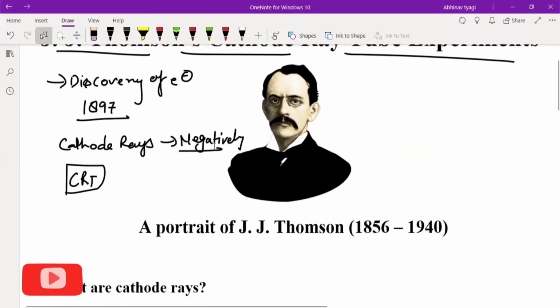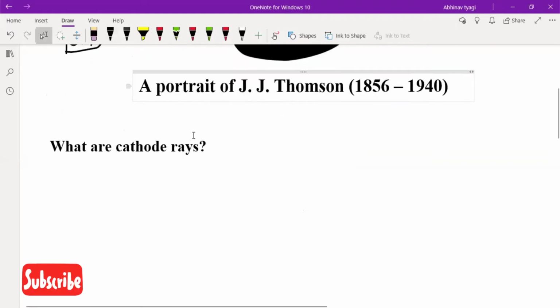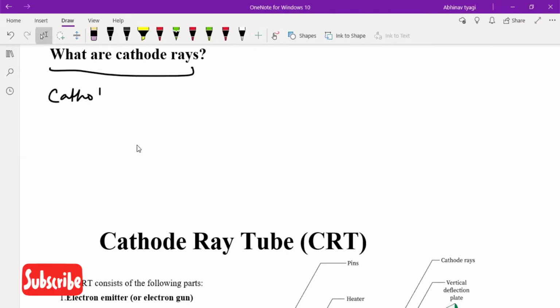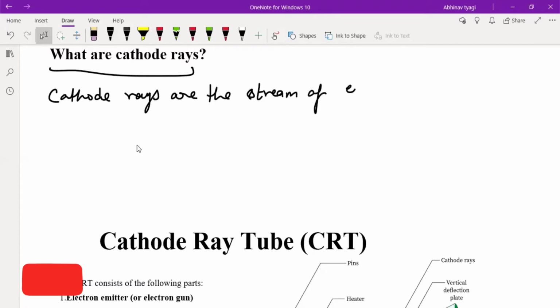Now, the question is, what are cathode rays? So dear students, before jumping to Thomson's findings, let us try to understand what are cathode rays. Cathode rays are the stream of electrons emitted from the cathode.